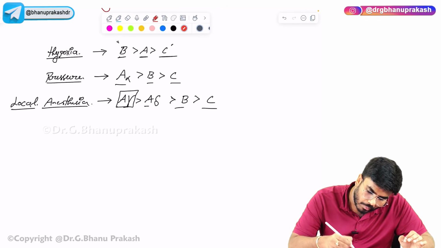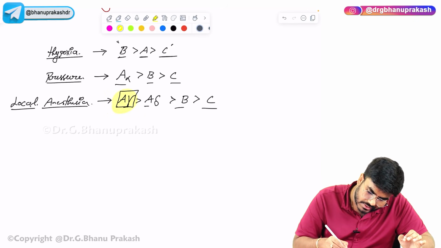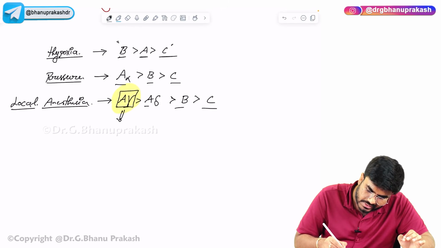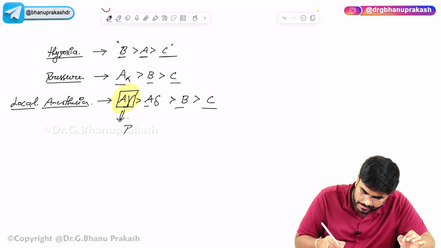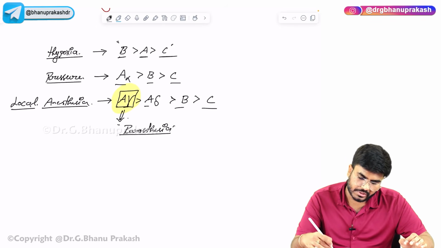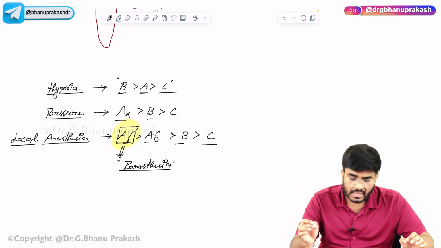One more important point: damage to A gamma fibers is going to cause paresthesias. Paresthesia means tingling and numbing sensations because of the damage to the A gamma fiber.